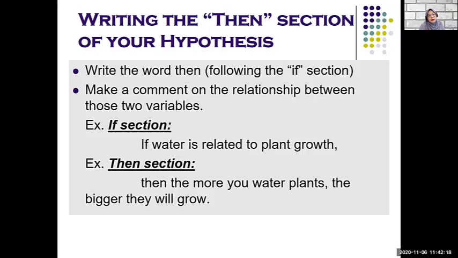This example assumes that all plants have the same reaction to water. If you want to refine your hypothesis, because we know in real life some plants need more water, some plants just need a little bit of water, you have to focus on the species of the plant itself.